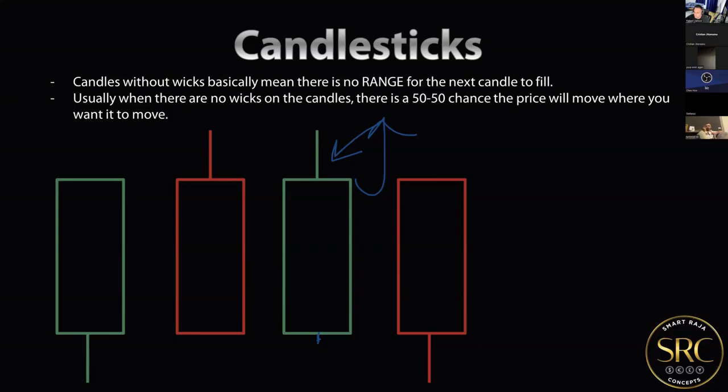Do you mind expanding a little bit? Because sometimes you take trades with no wicks. Yeah, guys, listen. I'm going to explain this one more time. Sometimes I take trades when candles have no wicks, and I take those trades because there is a way to move probability in your favor.